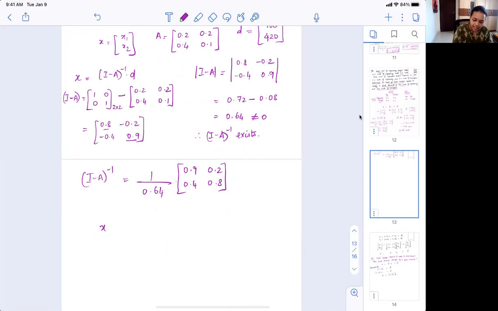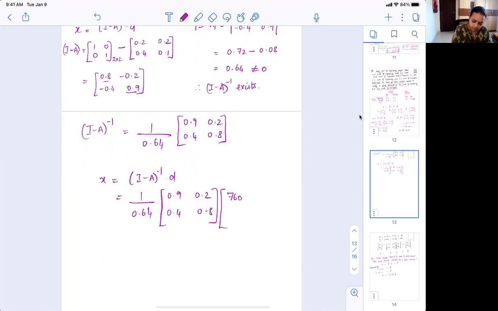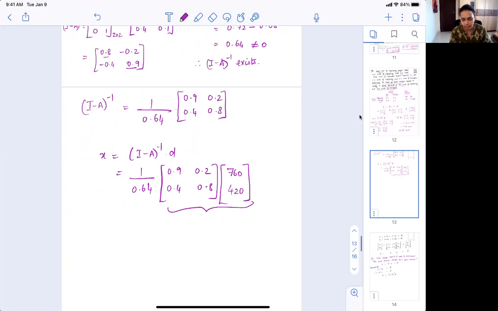Now to compute x, we need (I minus A) inverse into B, which will be 1 by 0.64 times 0.9, 0.2, 0.4, 0.8 times B, which was 760 and 420. So let's do the product of these two matrices and then we'll divide by 0.64. So we keep 0.64 as it is.